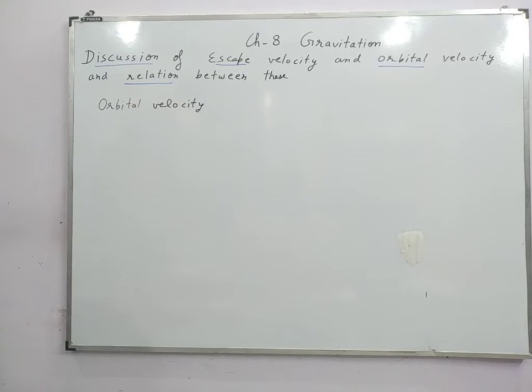What is the formula for the orbital velocity? The formula is under root gR, as we had discussed yesterday.